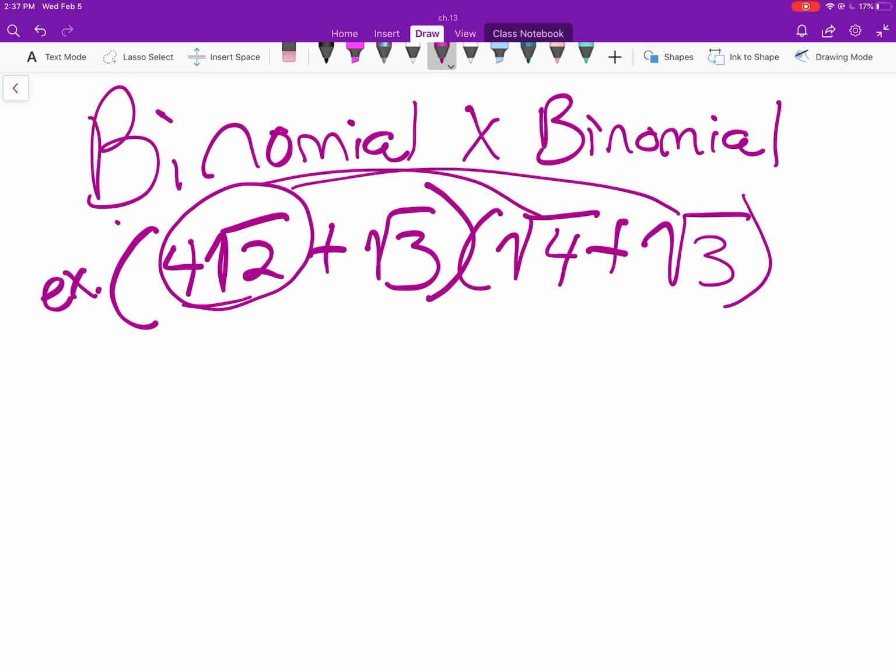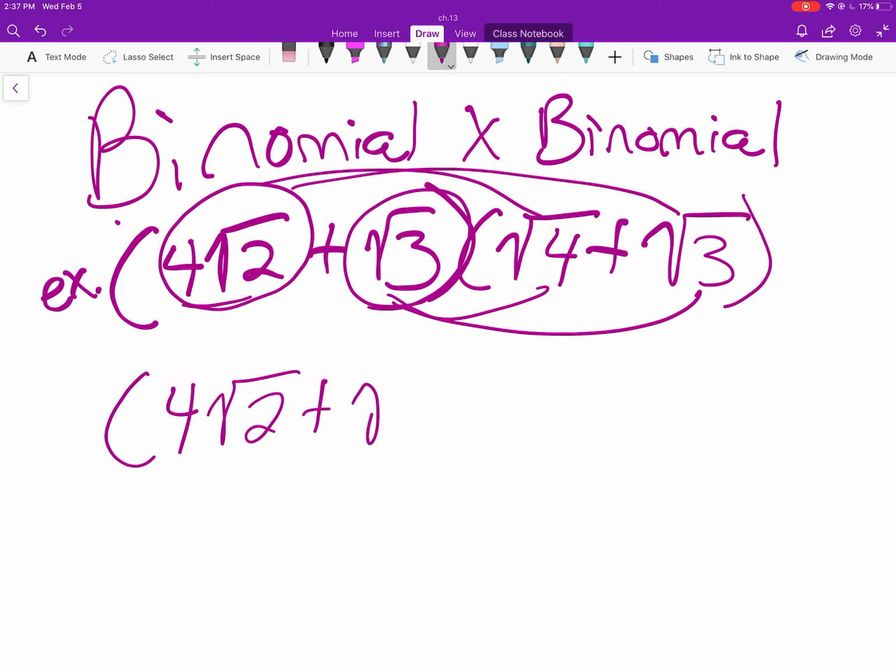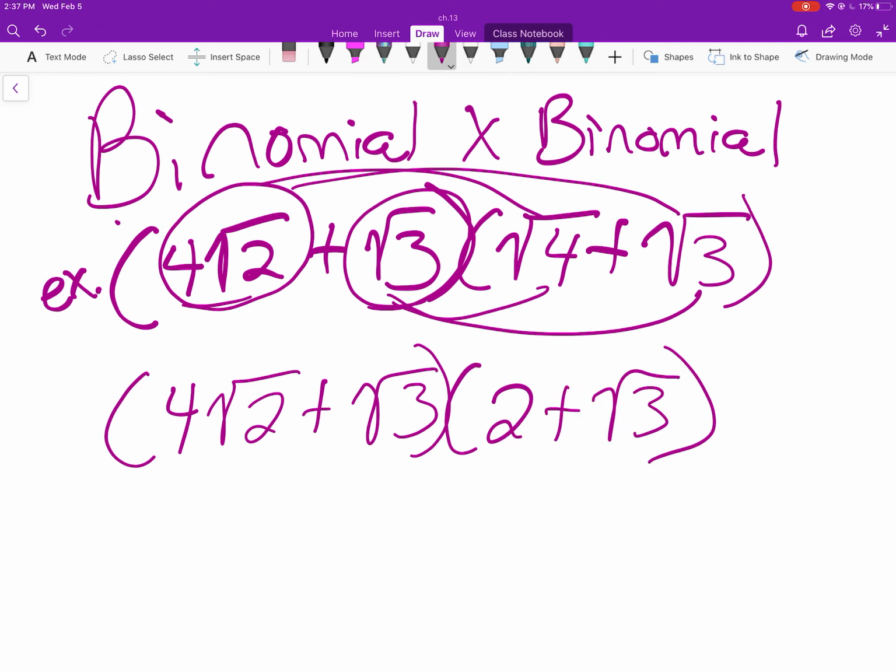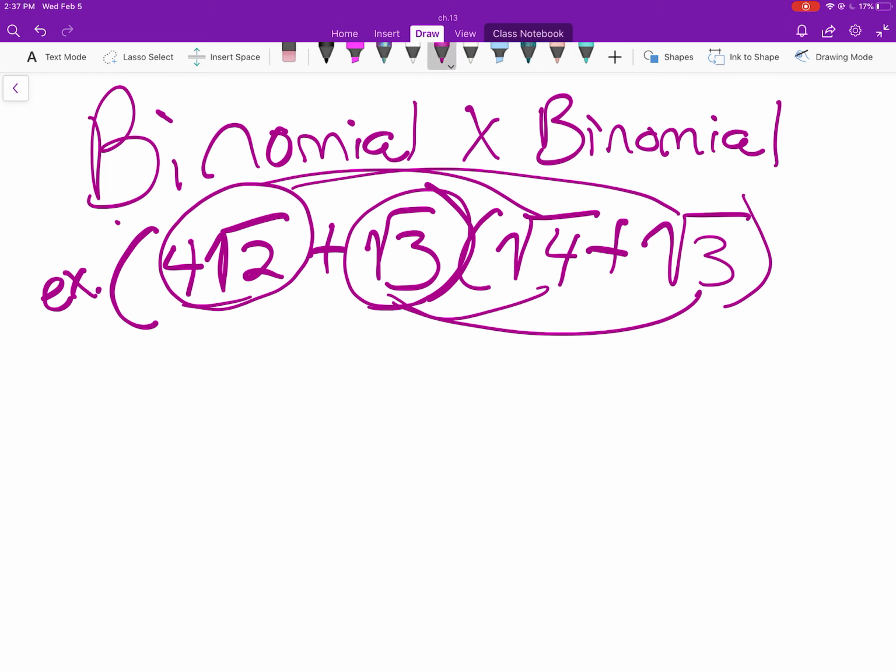You'll distribute here, and you'll distribute here. Now, I know some of you are saying, well, hang on, I see a perfect square in here, and it's the square root of 4. You guys can go ahead and just make that a 2, if you want to, because the square root of 4 is 2. So if you want to change it and start out with this, you can. And then distribute as well. Totally up to you. Some people I don't think are going to see that, so I'm just going to leave it like this and just go like we are.